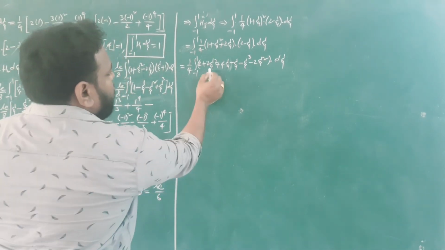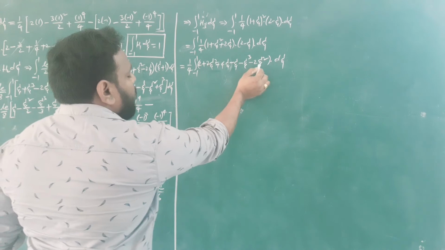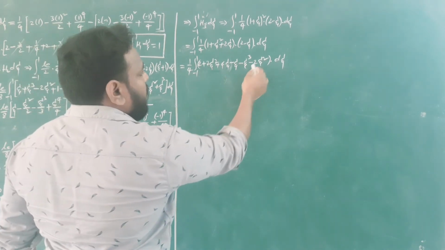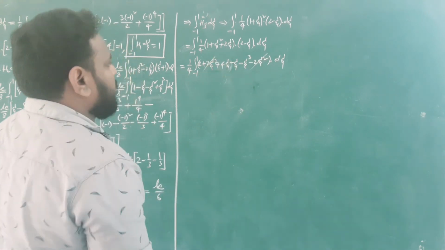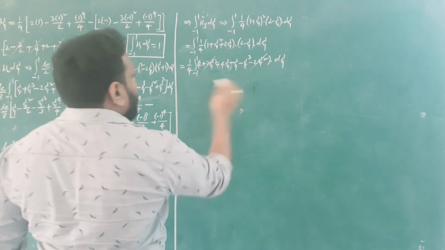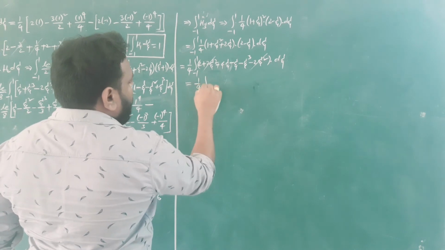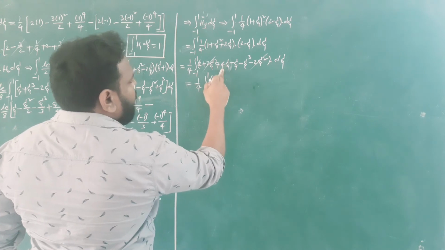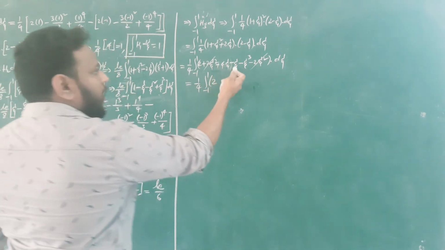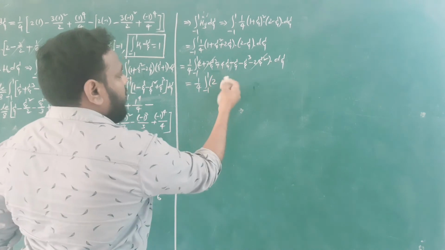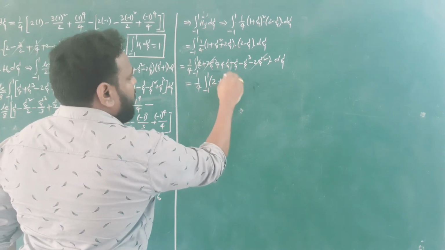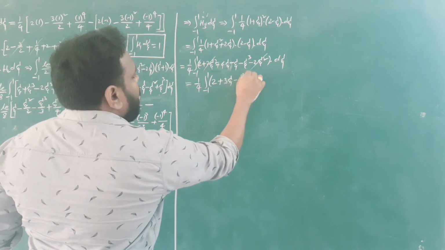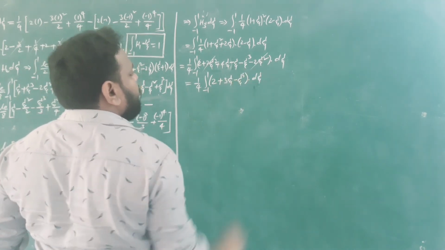Here 2j square is positive and here 2j square is negative, so they cancel. The equation becomes 1 by 4 into the integral from minus 1 to 1 of 2, then 4j minus 1j, which is plus 3j, then minus j cube, dj.